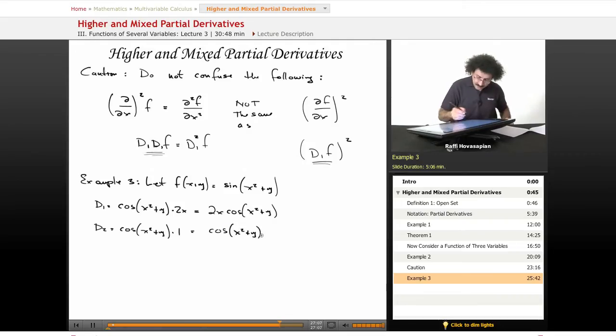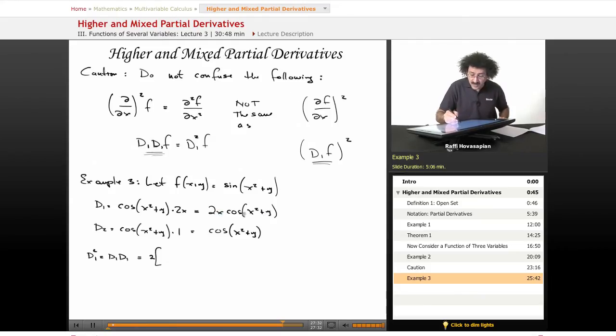Now just for the heck of it, let's do d1 squared, which is the same as d1 of d1. We have d1 already. Now we're going to differentiate this with respect to x. I tend to pull my constants out, so I'm going to pull this out, and it's going to be a product rule, x times the cosine of x squared plus y.